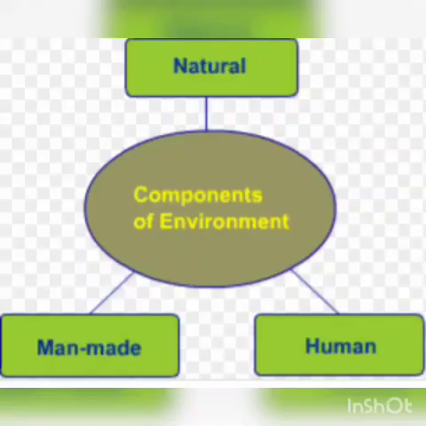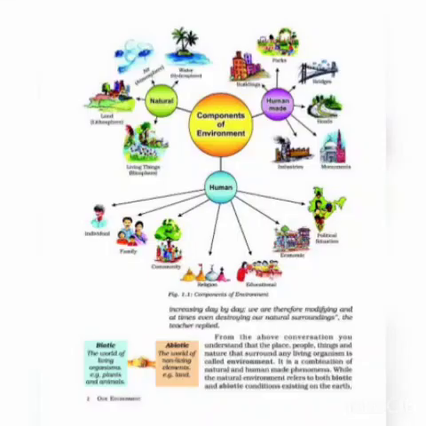Now let's talk about another type of component, that is the man-made component. The man-made component is a type of environment that consists of all the things that are made by humans, like buildings, roads, bridges, temples, monuments, etc. Okay, now let's talk about another type of component, that is the human component, or we can say the human environment.